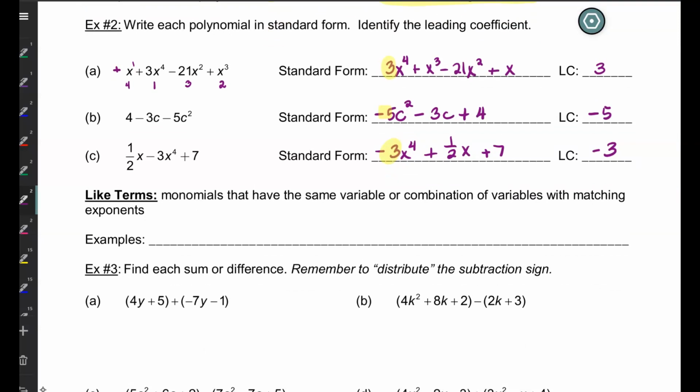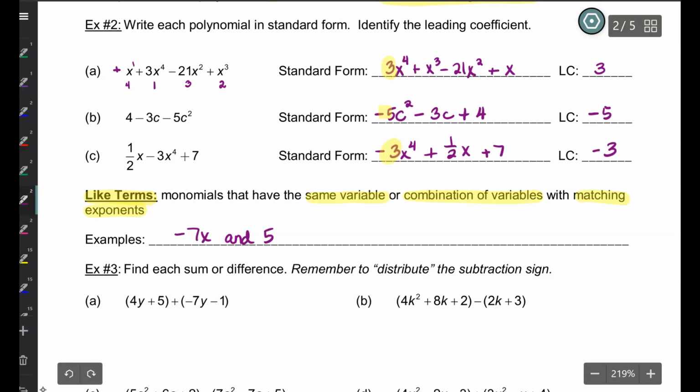Okay, like terms. So we've already worked with like terms. This is when we have the same variable or combination of variables with matching exponents. So some examples would be -7x and 5x. Or maybe you have a 3a squared b and a -a squared b.